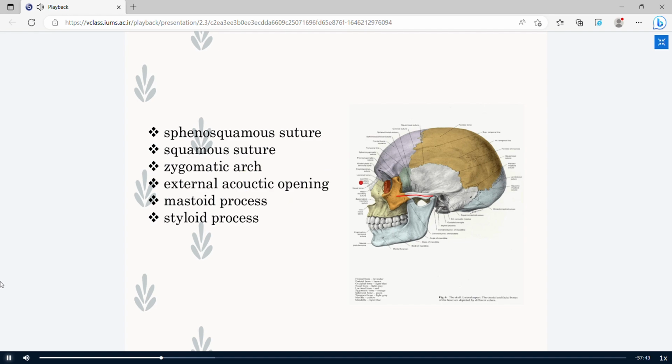This is the zygomatic arch. It's formed by two bones, the temporal bone and the zygomatic bone.